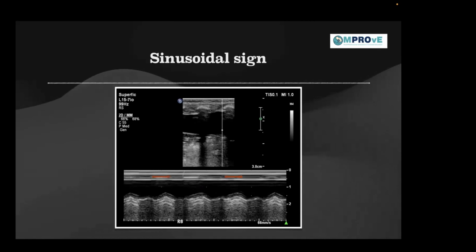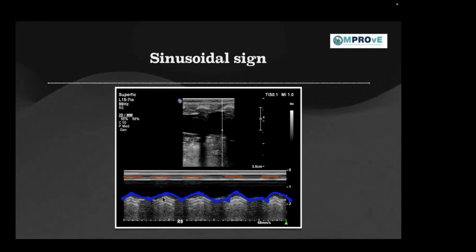So these are your ribs, as you can see on your M mode, and this is your sinusoidal sign. All this black area here is your fluid. So it comes as ribs, anechoic area, black in M mode, and then you have your pleura or the lung coming into the picture.